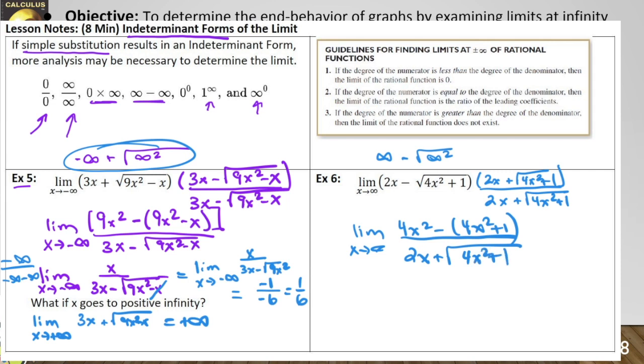The 4x squareds conveniently cancel out, and I'm left with the limit as x goes to infinity of negative 1 over 2x plus the square root of 4x squared. I could drop the 1. So essentially I have 1 divided by infinity, which you all know is 0. Ta-da. So sometimes infinity minus infinity is 0, but not always.